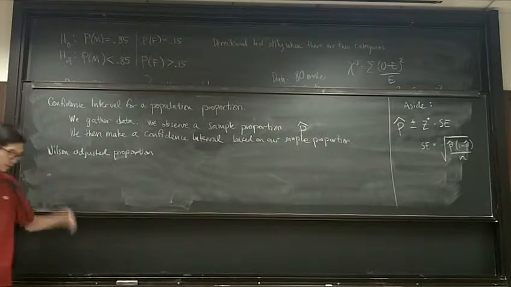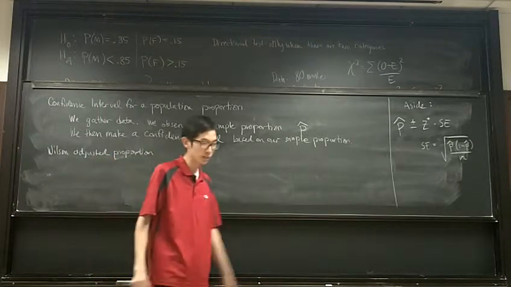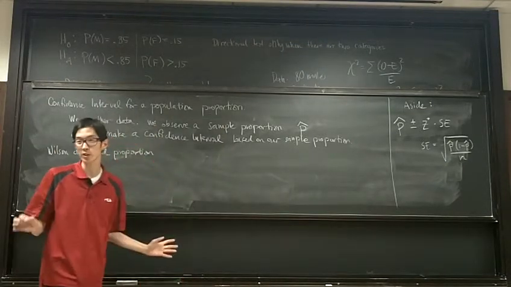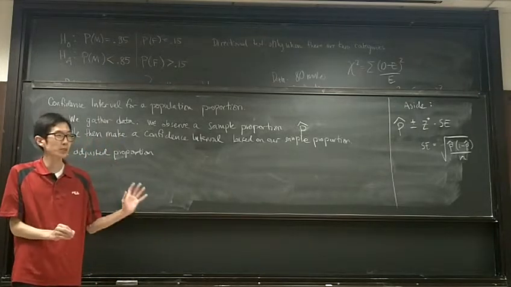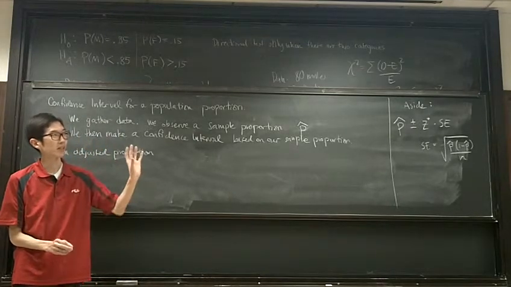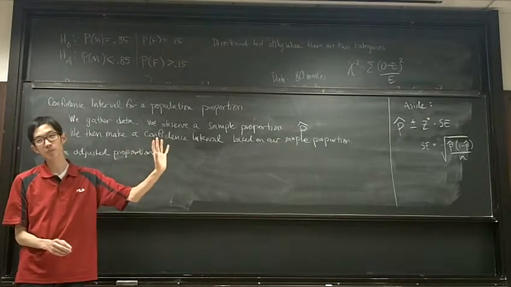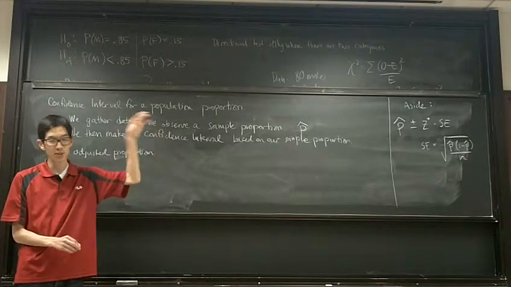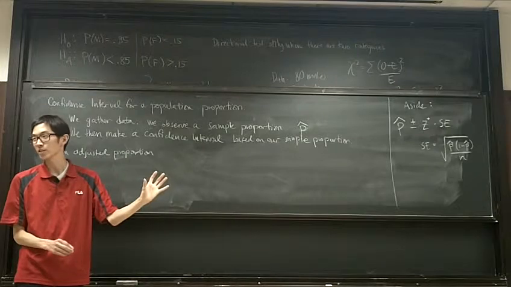I guess Wilson was the person who came up with this idea. It says, no matter what I observe, I'm going to pretend that I saw 4 more people, where 2 had the trait and 2 didn't.